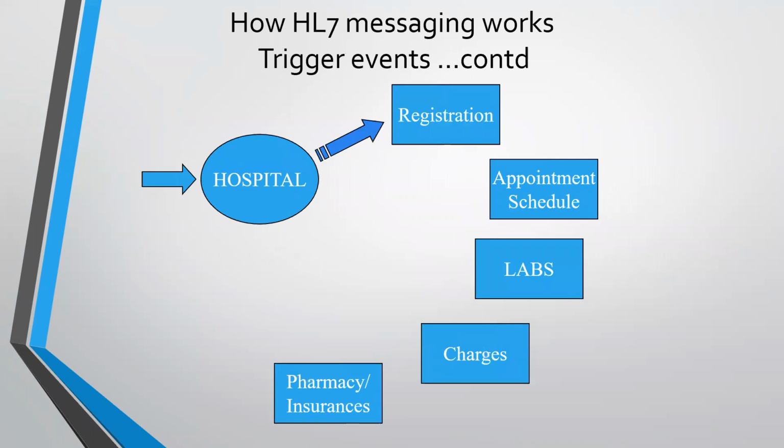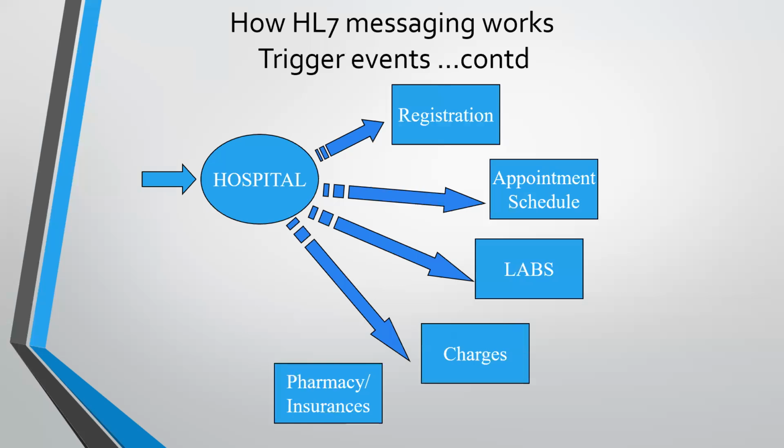Usually the hospital is broken down into registration, appointments related transactions, lab related transactions, amount or charge related transactions, pharmacy or insurance related transactions. Pharmacies and insurances are dealt with a different data standard altogether. As we are dealing with HL7 standards, we are going to cover the first four sections: registrations, appointments, labs, and charges.